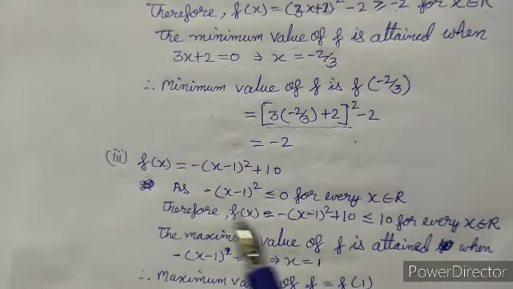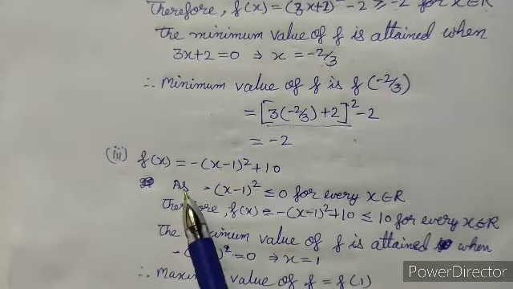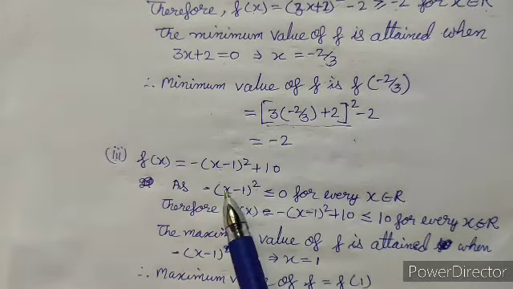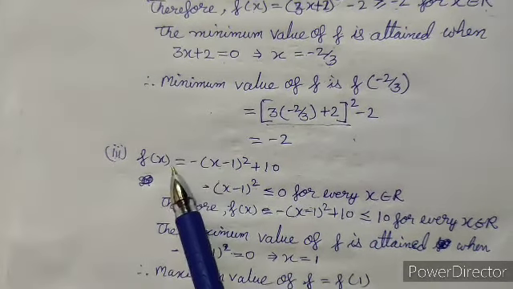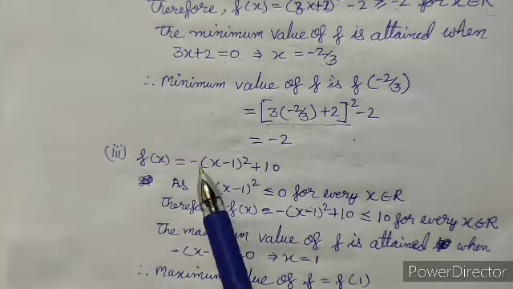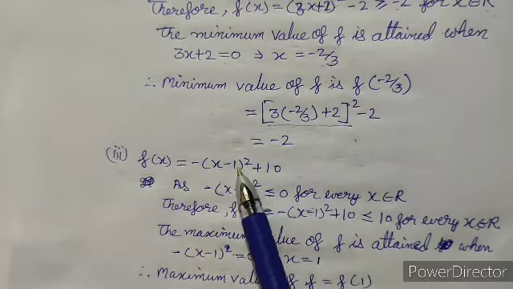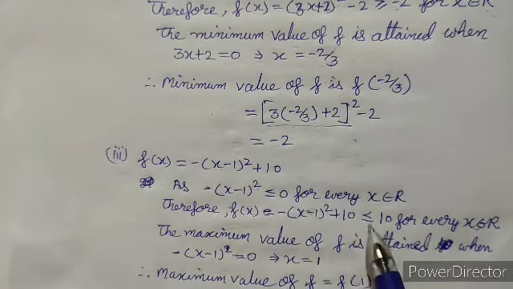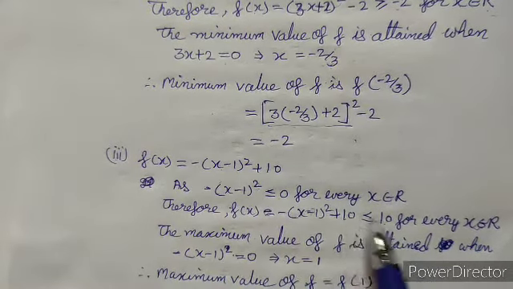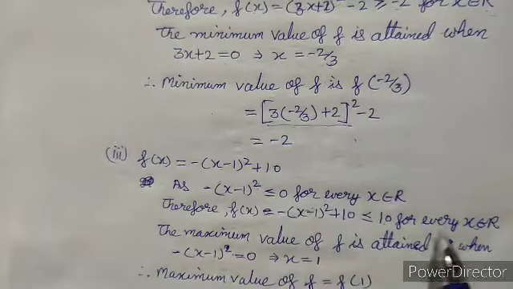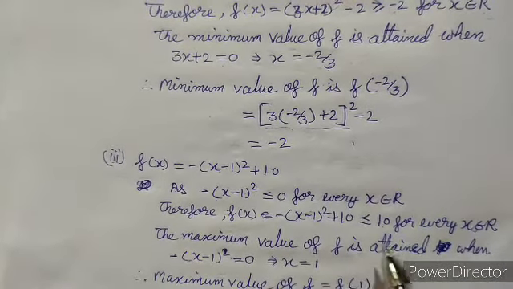Now here also we cannot obtain the minimum value of the function as its maximum value is 0. So f(x), or we can say minus (x minus 1) whole square plus 10, will be less than or equal to 10 on adding 10 to both sides for every x belongs to real numbers.